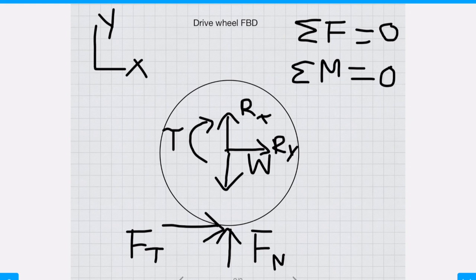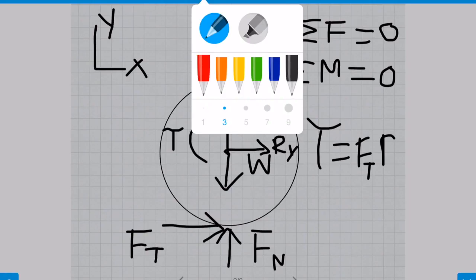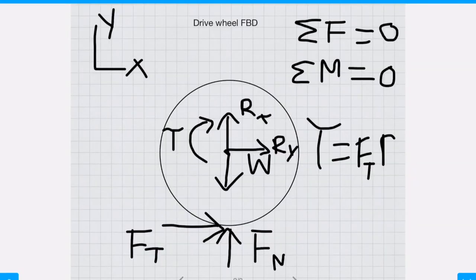An important equation involved in this is that the torque is going to be equal to this tractive force times the position vector r, which in this case just looks like the radius, but normally it's a position vector from the point where the force is being applied, so where F of t is being applied, to the point where the torque is being applied. So this distance is going to be r.